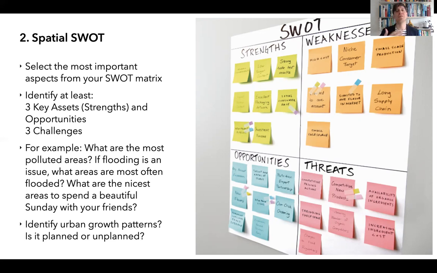So you don't have to make a big historical coloring, but just maybe with some arrows showing in what direction the city is growing now. And if this is planned, is this according to your comprehensive plan, or is this something that is happening as an independent and wild development?